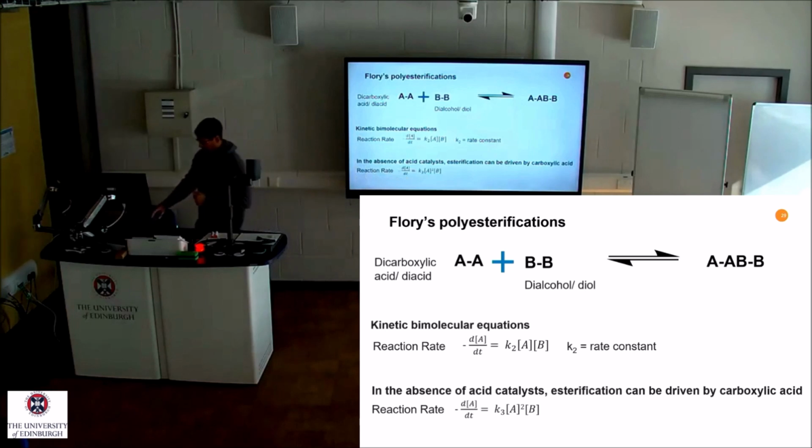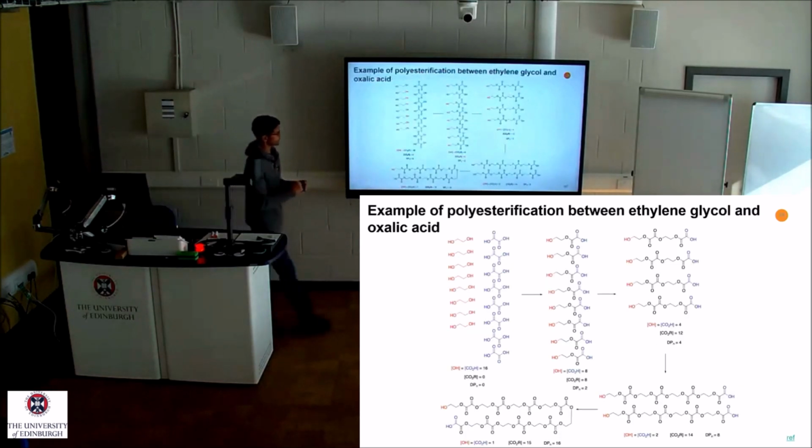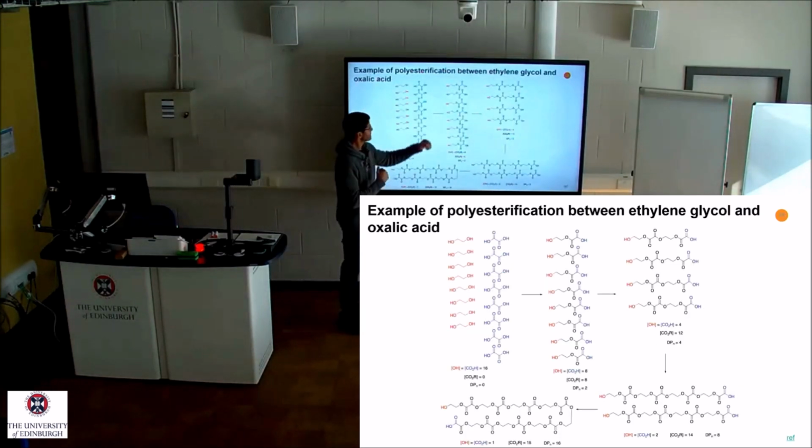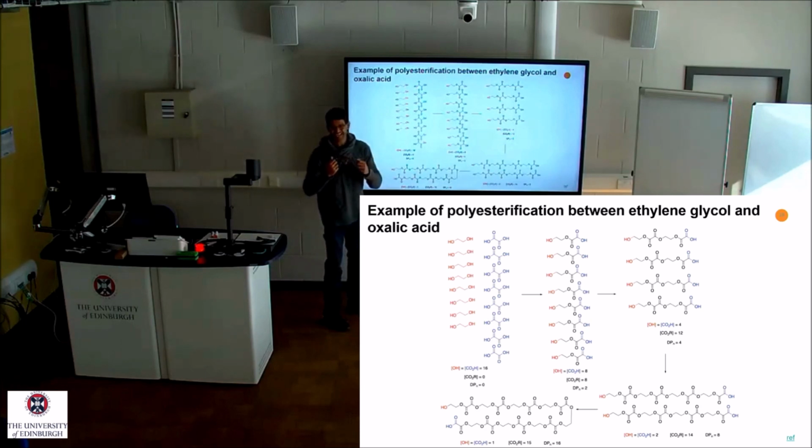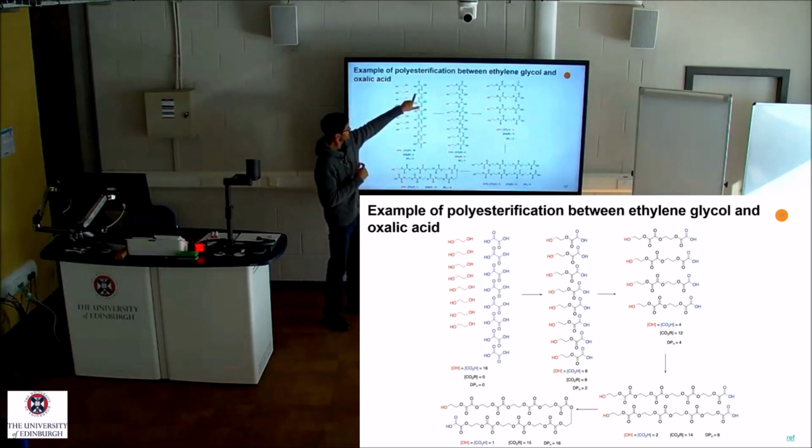Why they add this square is because of this. When you write the equation, you take one concentration of dialcohol and one concentration of the acid. Now, in order to initiate this reaction, you need another carboxylic acid group, but you are not adding it as a catalyst. So another molecule of this carboxylic acid group is going to influence this carboxylic acid group, and then it will start the reaction.